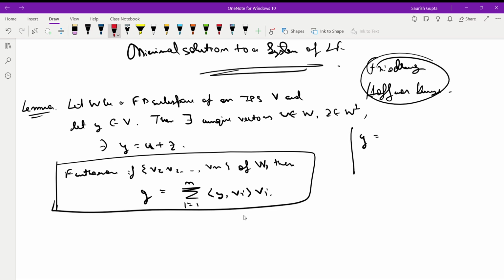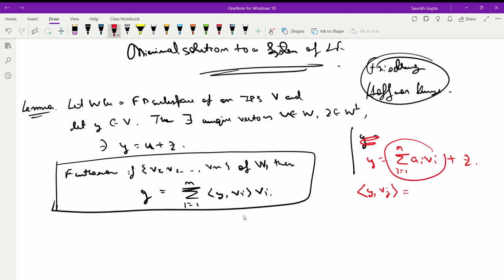Let me write it in this way: y equals summation ai vi, i ranging from 1 to n, plus z.